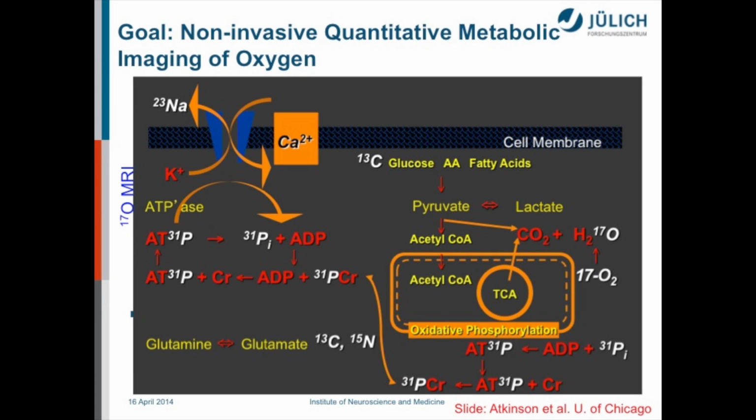So why all this blather about different nuclei? Well, here's the sodium-potassium pump. This is what phosphorus allows you to detect, ATPase, oxidative phosphorylation and so on. As I mentioned, we don't have C13, but O17, you can get a good handle on this one.